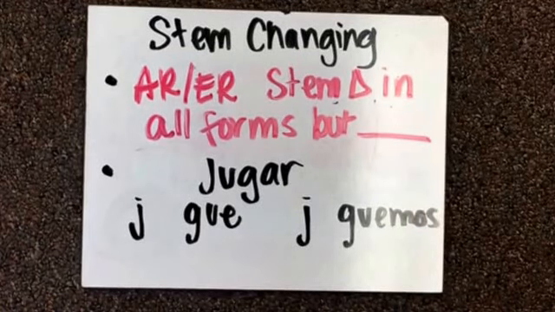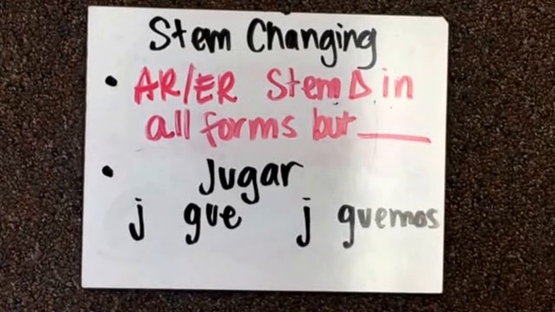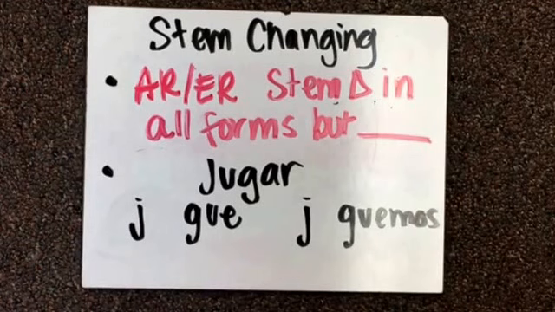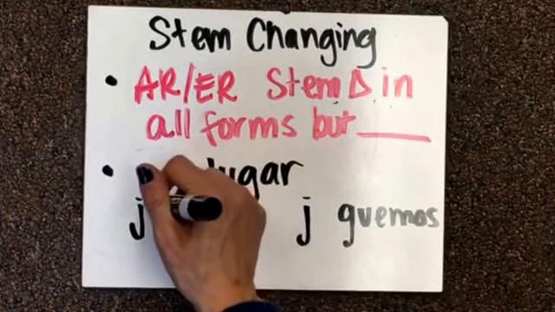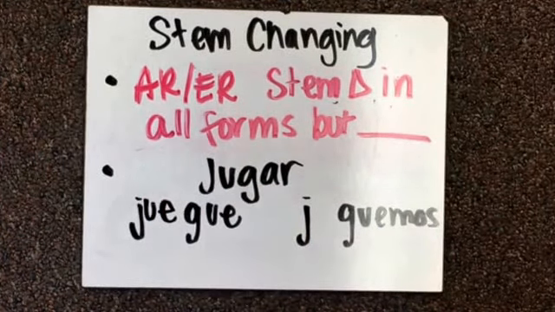AR and ER stem changing verbs stem change in all forms but the nosotros forms. So if we're looking at the yo form of the subjunctive for the verb jugar, we're going to stem change it, and we have juegue.